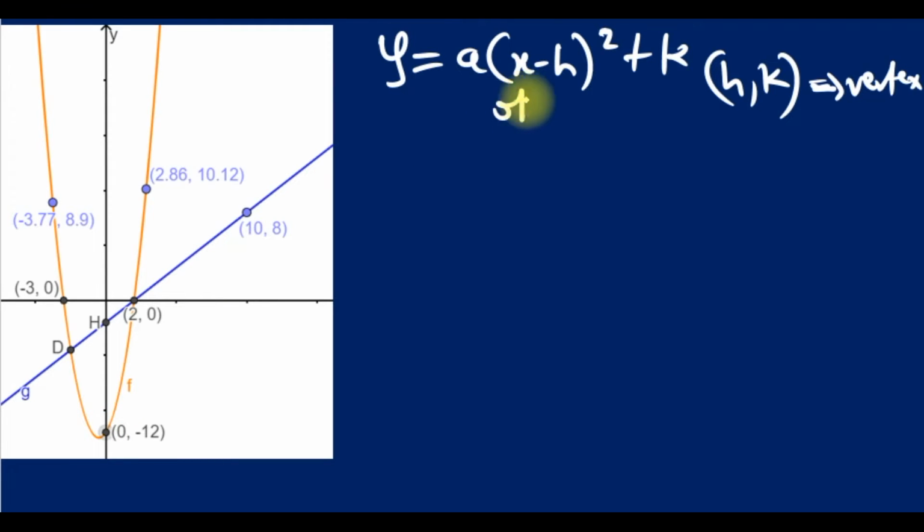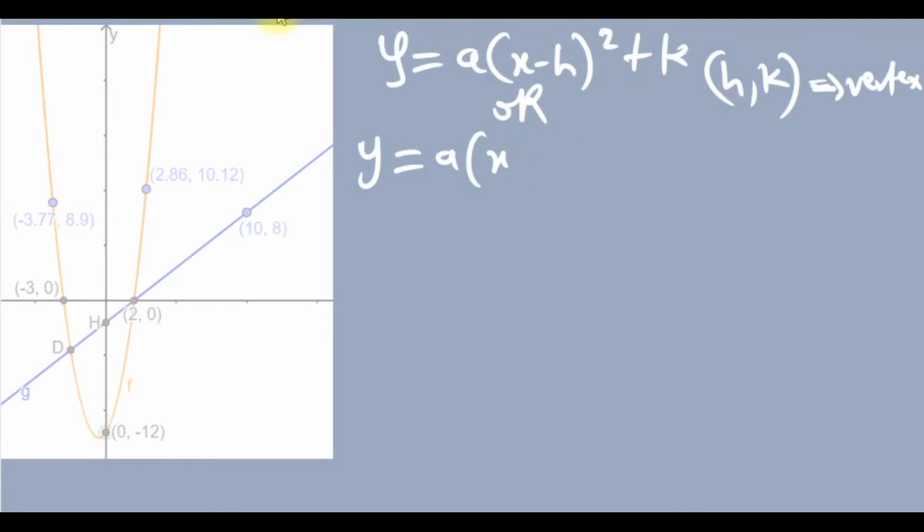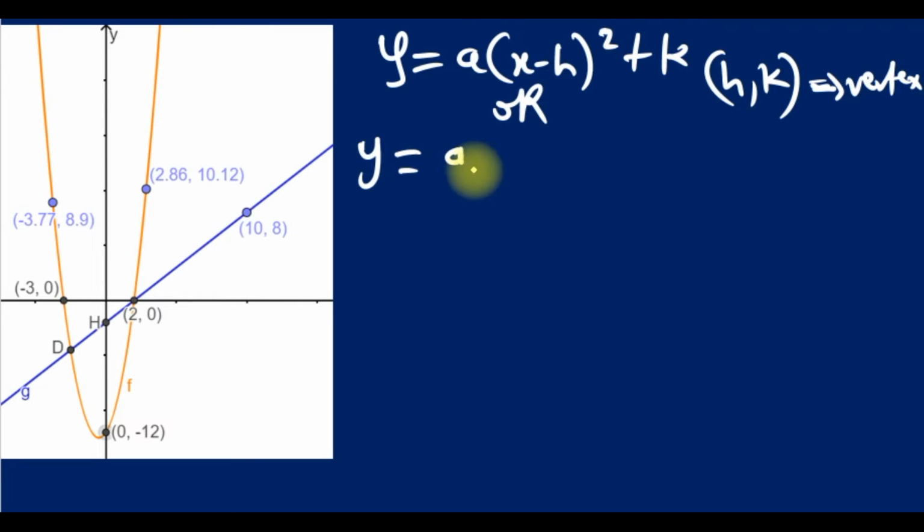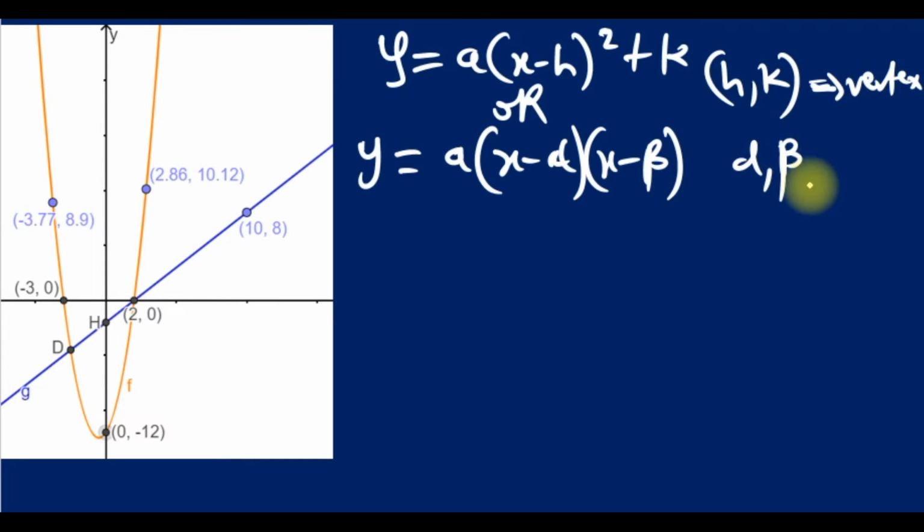Or it is y equals a(x minus alpha)(x minus beta), where alpha and beta are the x-intercepts. This is the one we are going to use because the vertex is not stated, so we can't just assume.